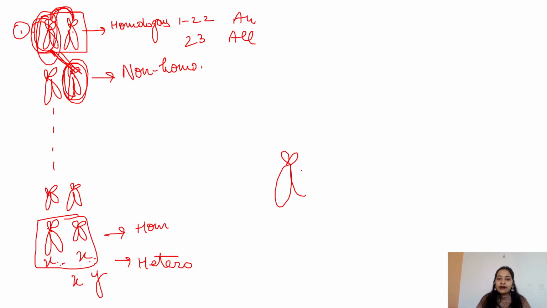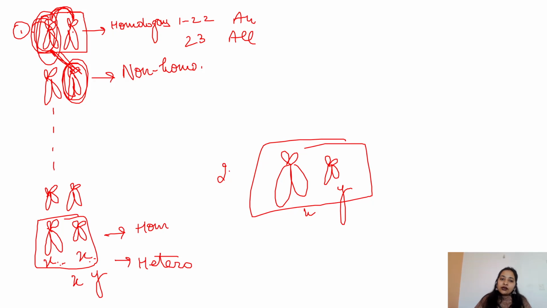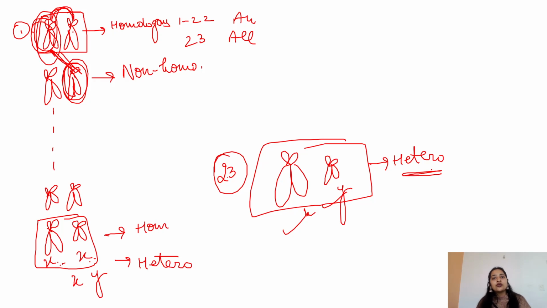See, if in the 23rd pair this is X and this is Y, though they are chromosomes of a single pair, we will not say homologous, we will say heterologous, to differentiate between the X chromosome and the Y chromosome, since they are different types of chromosomes, right? So it is known as a heterologous pair of chromosomes.